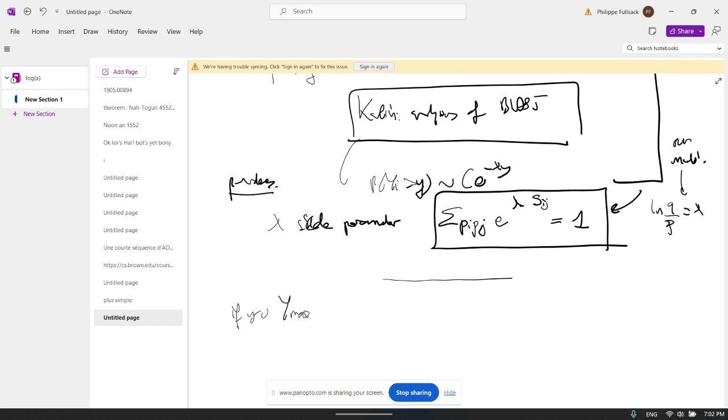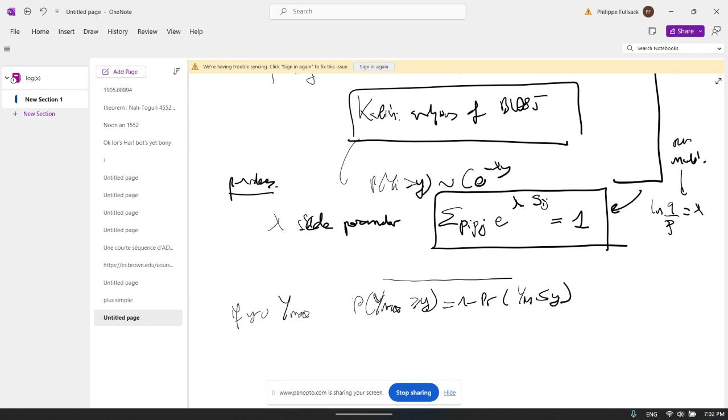What is the probability that the maximum excursion Y max is greater than y? That's, of course, the complement of the probability that Y max would be smaller than y.